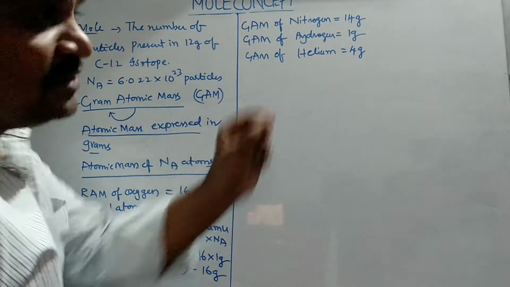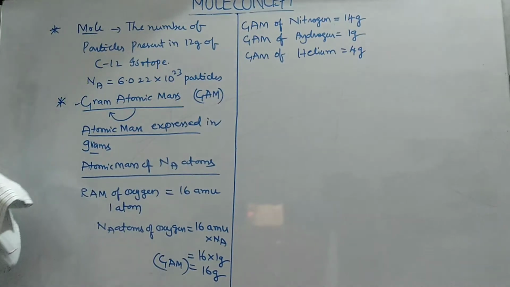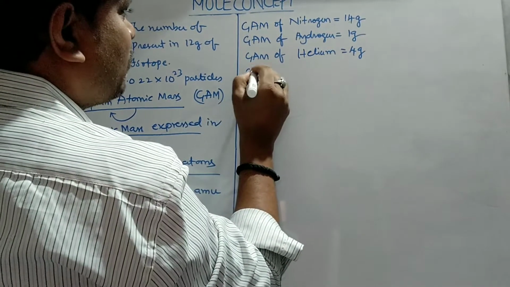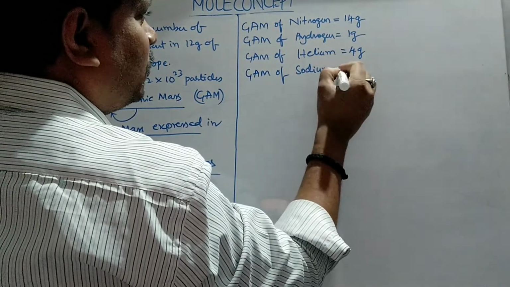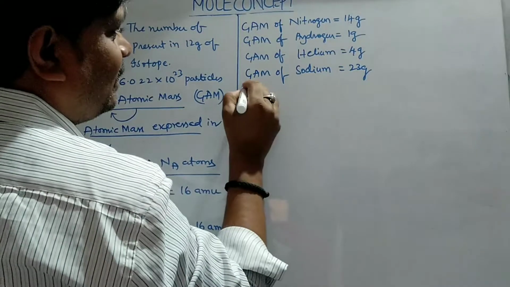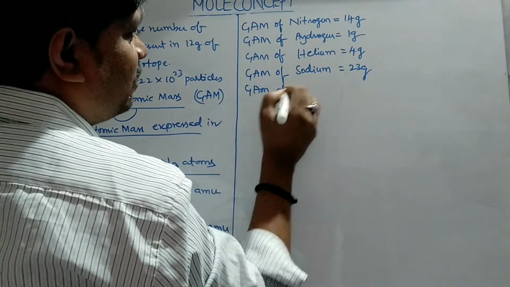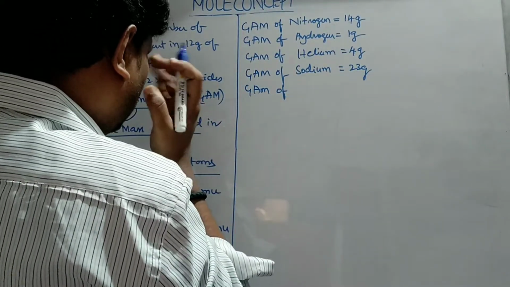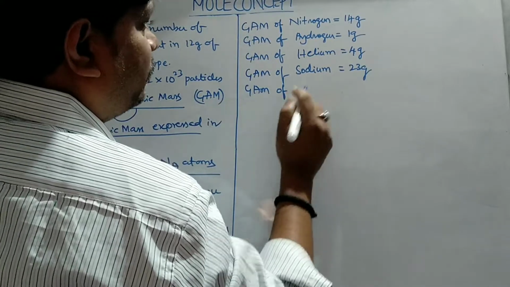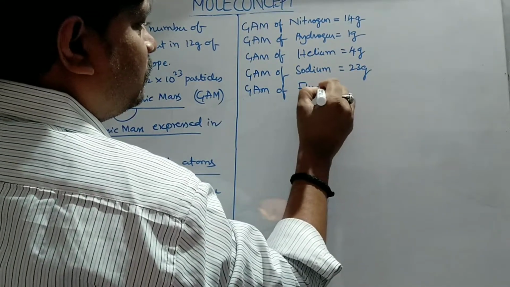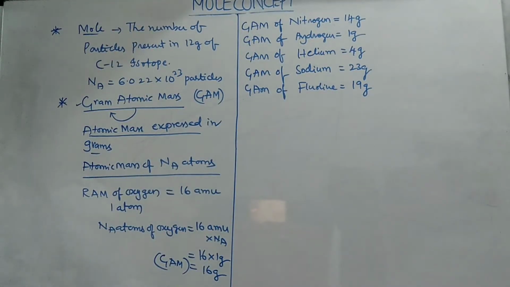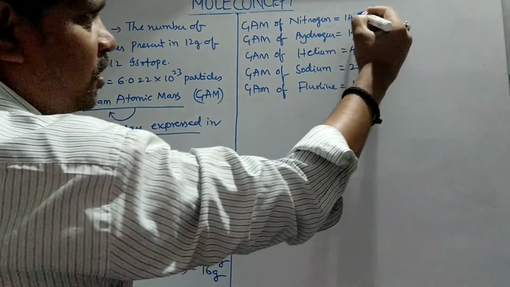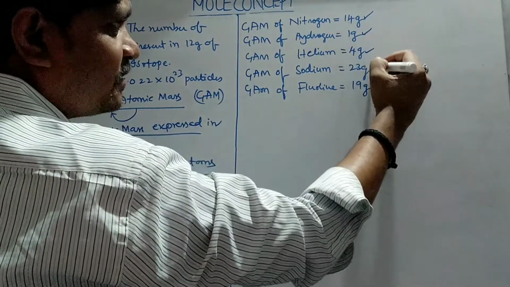So we are expressing the atomic mass in grams. Take the gram atomic mass of sodium, 23 grams. Gram atomic mass of fluorine, 19 grams. So all these we are expressing in grams.